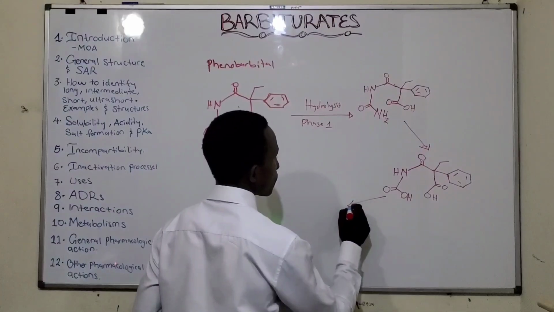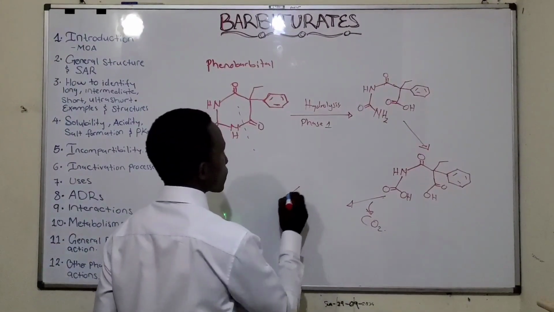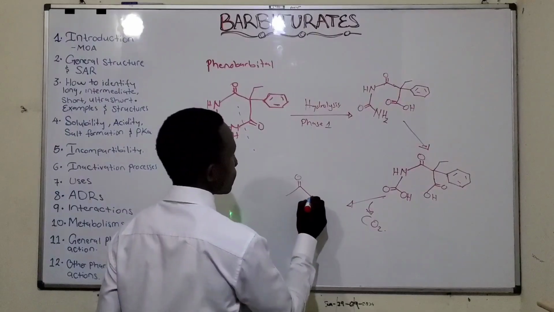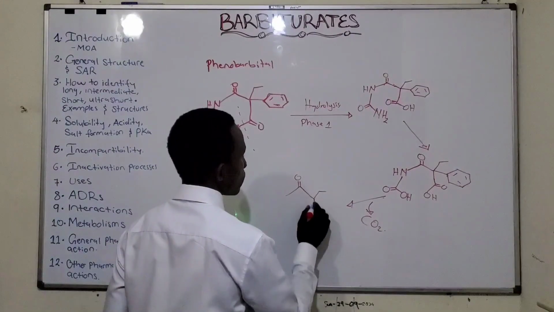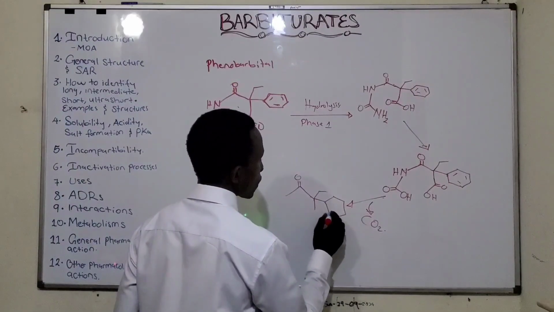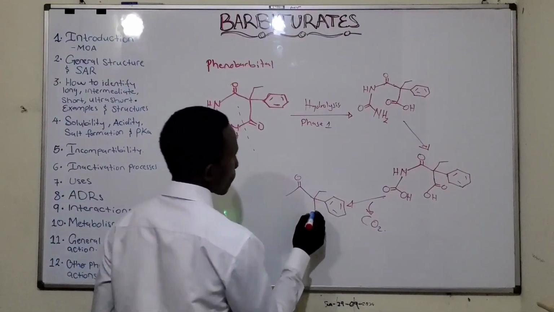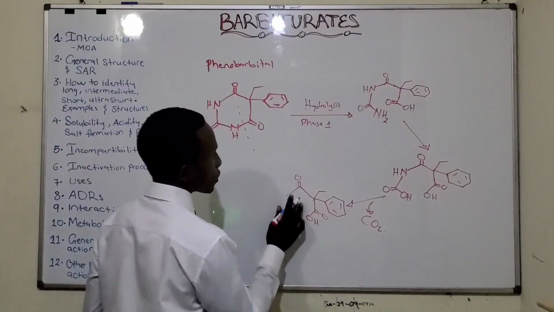And here we can lose carbon dioxide, and we form this. Here there is a phenyl ring, and this one is present with OH.